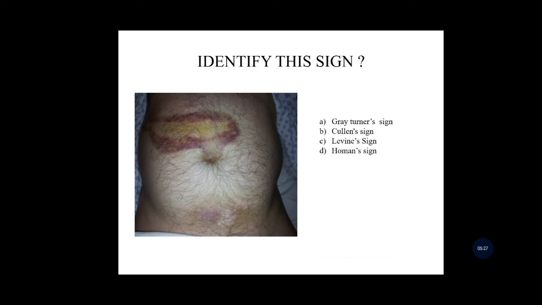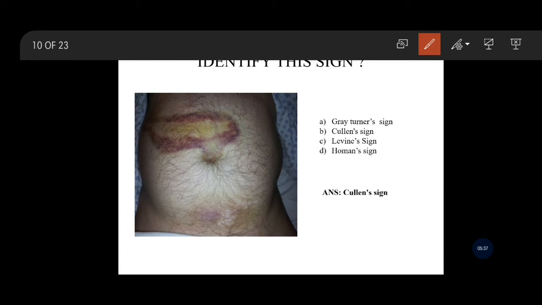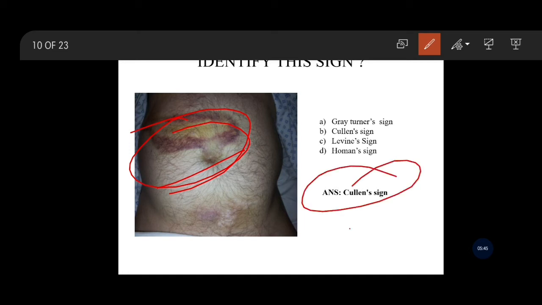Options: Grey Turner sign, Cullen sign, Levine sign, Homan sign. The right answer is Cullen sign. You can see this in pancreatitis, where there is hematoma, redness and rashes around the umbilicus, called Cullen sign.